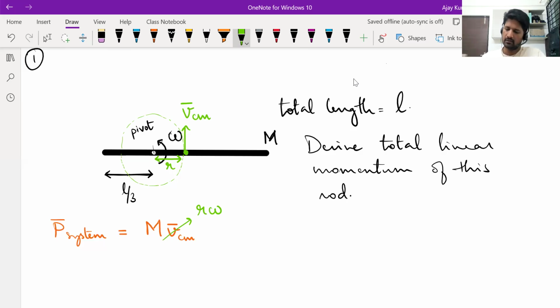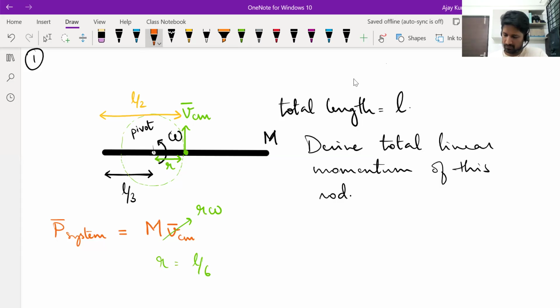The total distance from one end to the center is L by 2. From that you remove L by 3. What remains is R. So R is equal to L by 2 minus L by 3, which is L by 6. That's all. R is equal to L by 6.